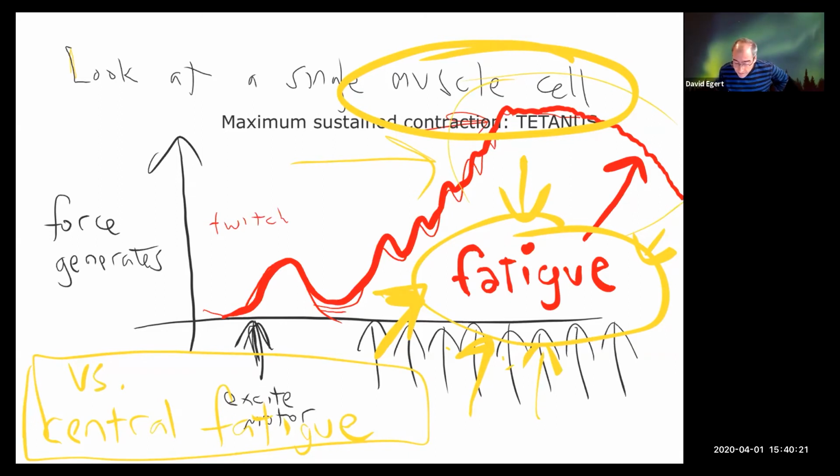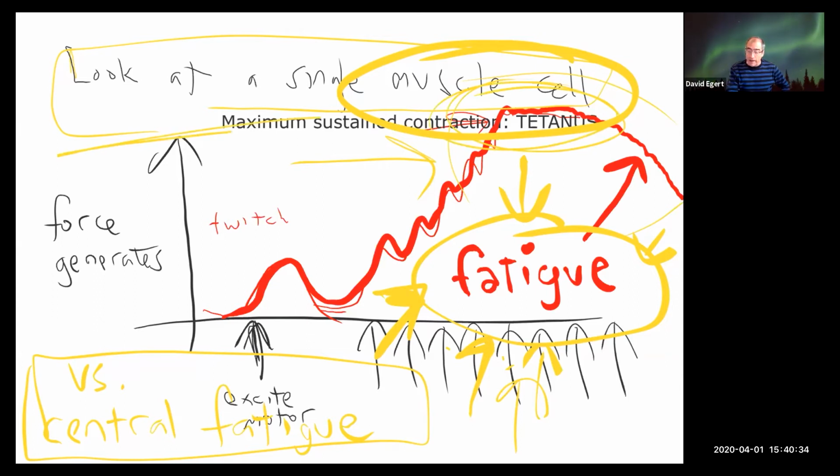One is a single muscle cell, at least a skeletal muscle cell. If you start sending messages down the motor neuron, it's going to have a certain level of contractile force, even before it fatigues. It's kind of all or none. It has a certain number of actin and myosin all pulling together as long as you're flooding it with calcium.